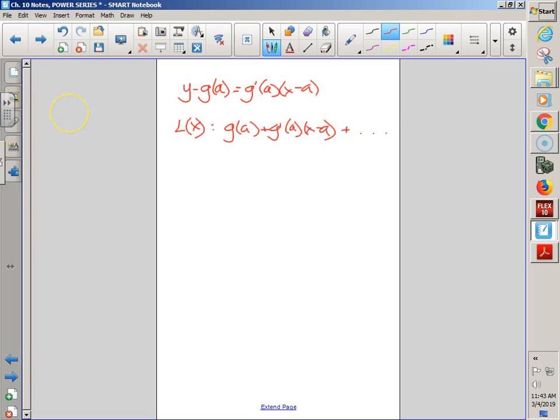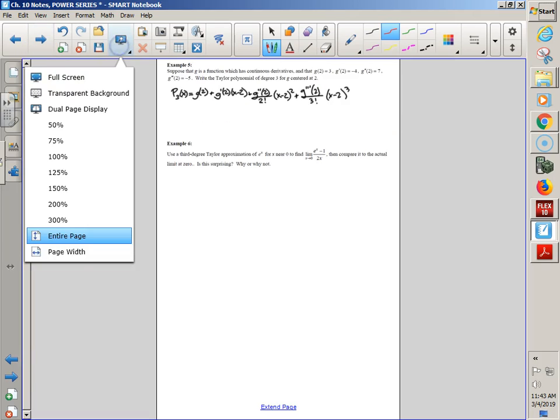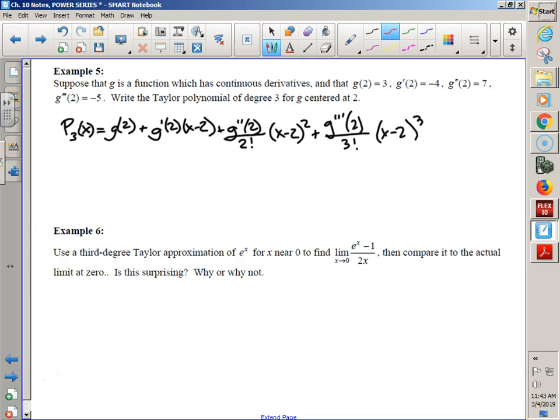We're not trying to approximate anything specifically in this example. We're just trying to build the polynomial. That's all they asked for. So building the polynomial, we can say P3 of x is equal to, which would approximate something if we were doing it, but the third degree Taylor polynomial equals g of 2. Guys, isn't it just a simple plug and chug?